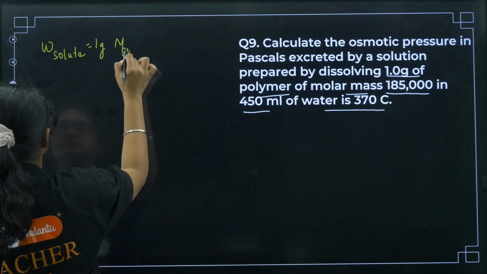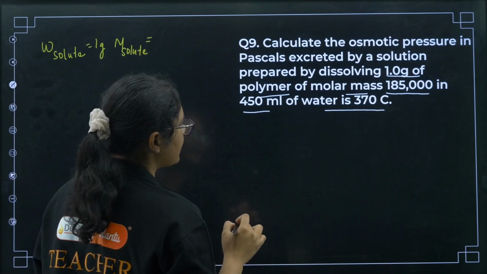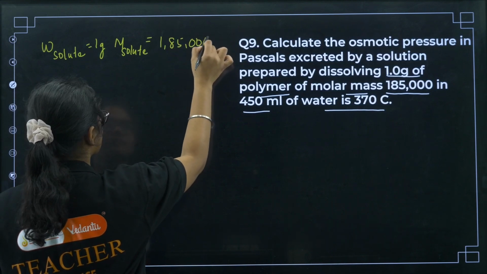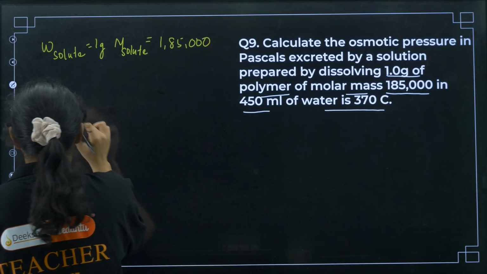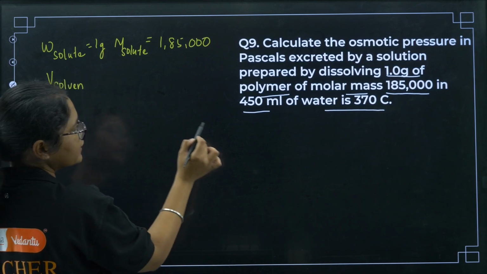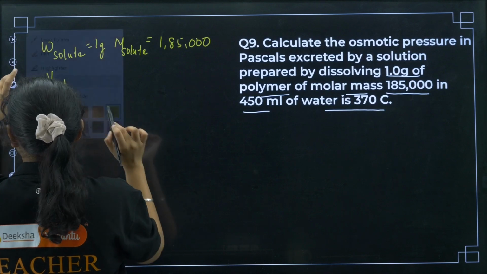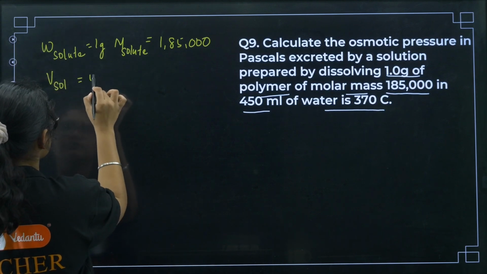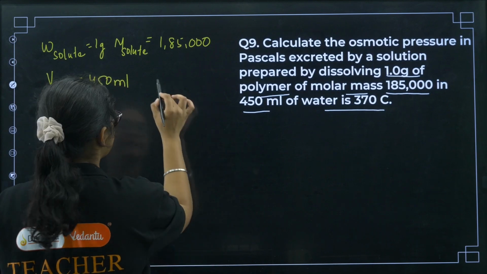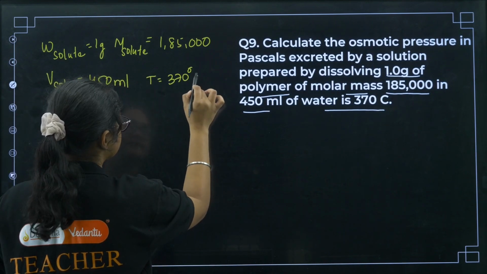Molar mass of the solute is 1,85,000. Next, volume of the solution, sorry, not solvent, volume of the solution is 450 ml, okay, and temperature is given to you, 370 degrees Celsius.